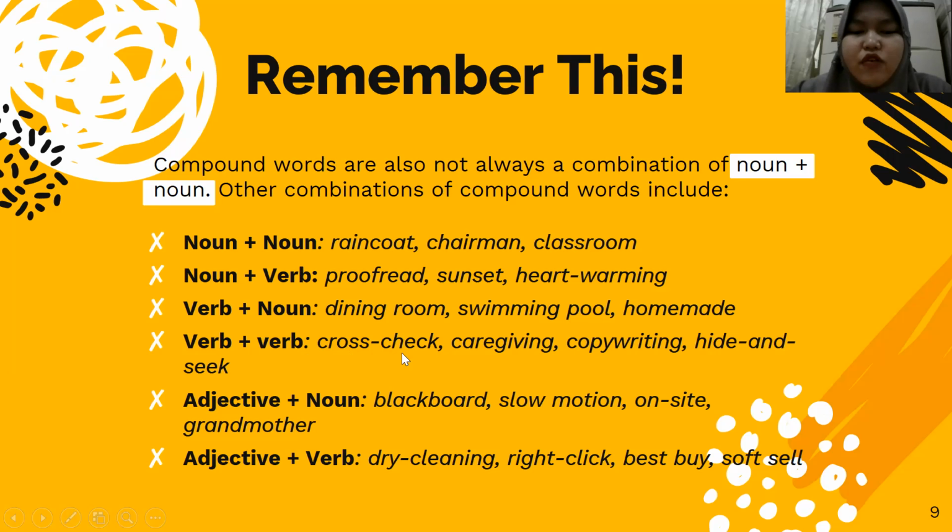For example, cross-check, caregiving, copywriting, hide and seek. For the next is adjective plus noun. For example, blackboard, slow motion, on-site, grandmother. And for the last one is adjective plus verb. For example, dry cleaning, bright click, Best Buy, and self-self.